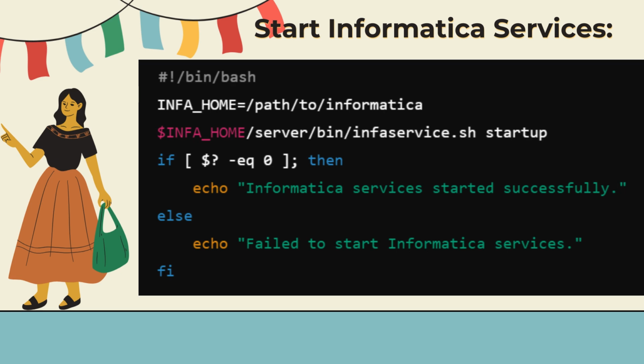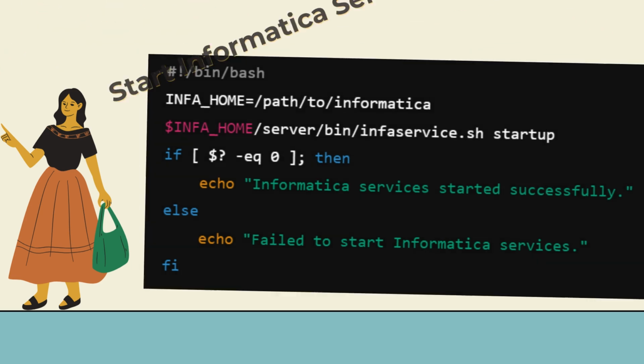And we run this command. If this command results in a zero output, that means the command is successful. Based on that, we test it and echo Informatica services started successfully, else it failed. If it failed, you can go back to log files and check what is the error. In the next coming videos, we will discuss all these log files and other details.